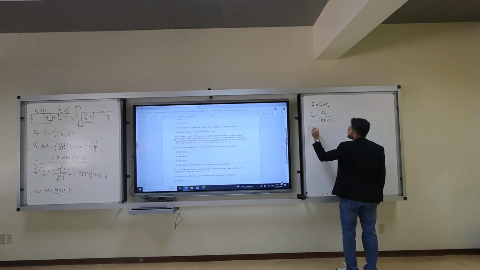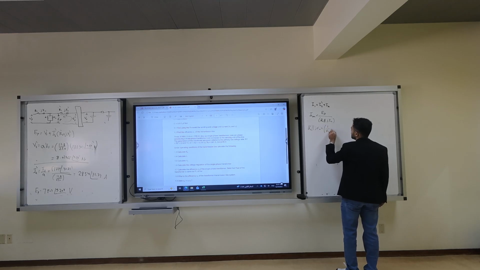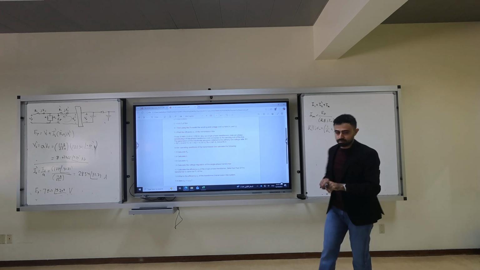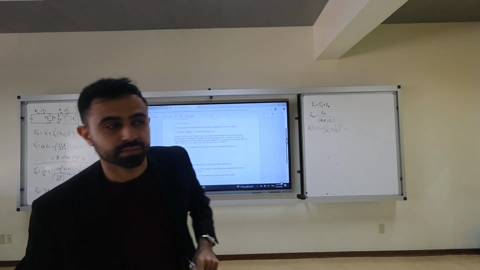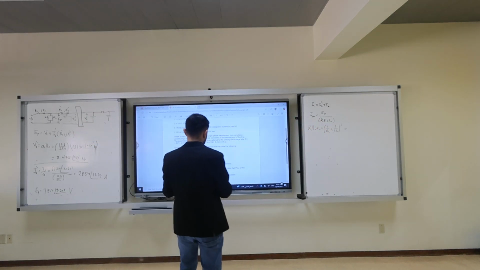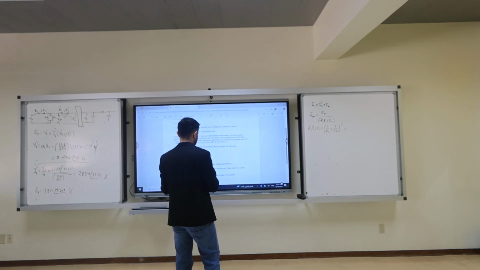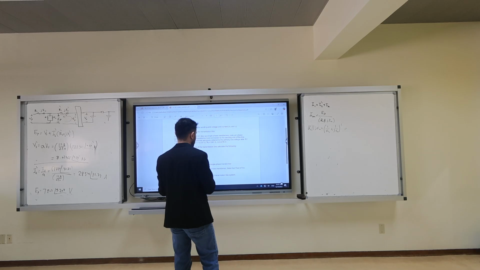So what is RC parallel with JXM? Is 1 over RC plus 1 over JXM. And let's calculate it. 1 over 1587 plus 1 over J times 476. Don't forget the J, okay?